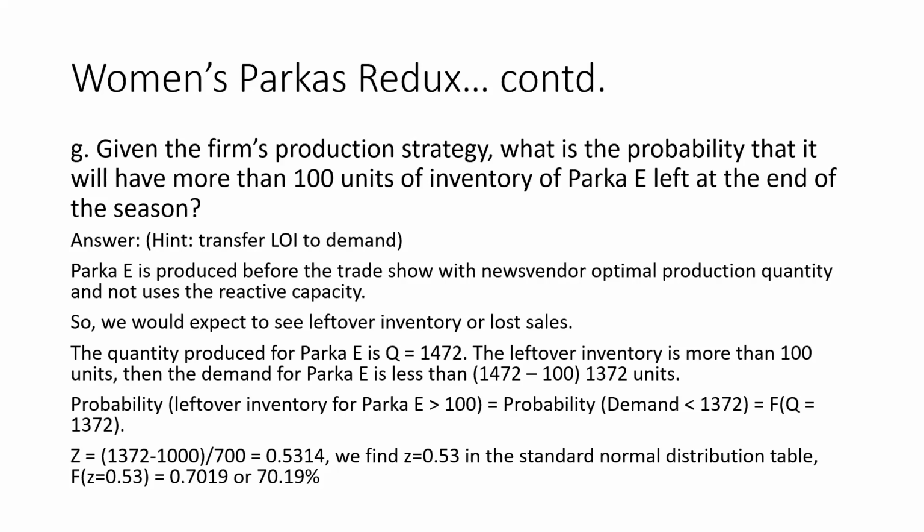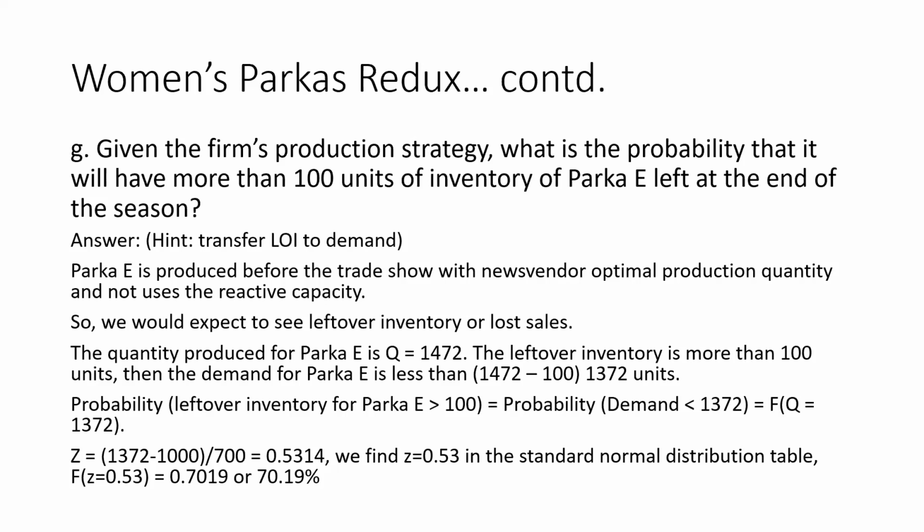Which means, converting to the demand, the demand for Paca E is less than 1372 units. So the probability of leftover inventory for Paca E greater than 100 units is equal to the probability that demand is less than 1372, which is F(Q) with Q equal to 1372.